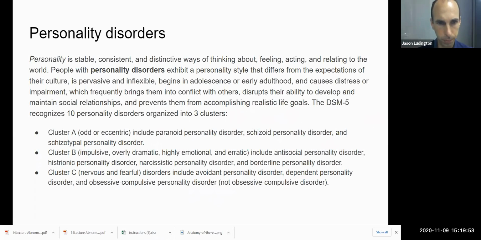For example, narcissistic personality disorder is probably particular to individualistic cultures. That's my own thinking. I don't know this. I haven't studied the research to know for sure.